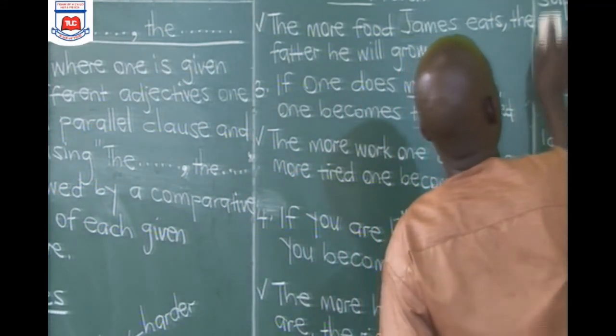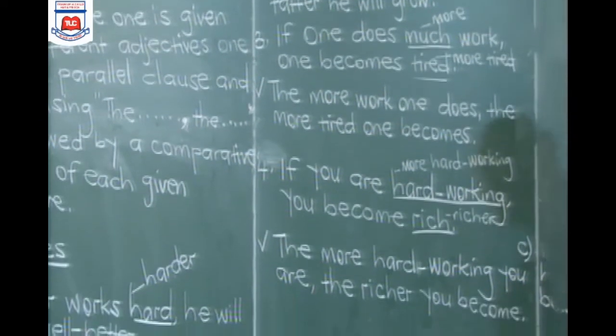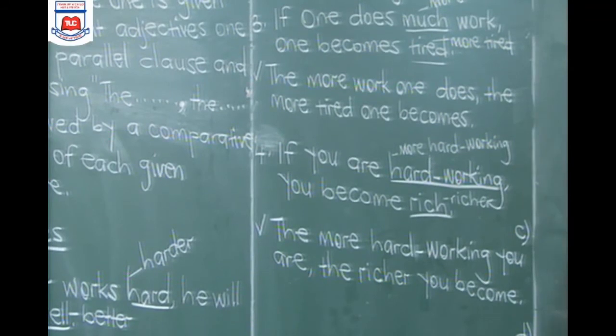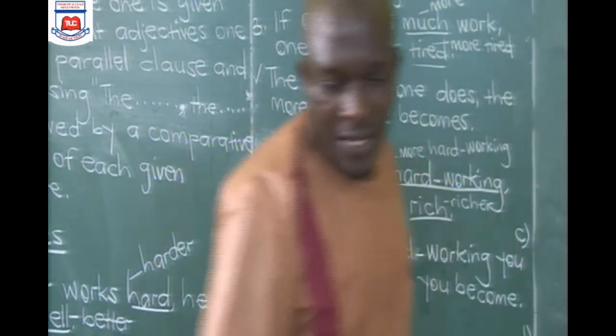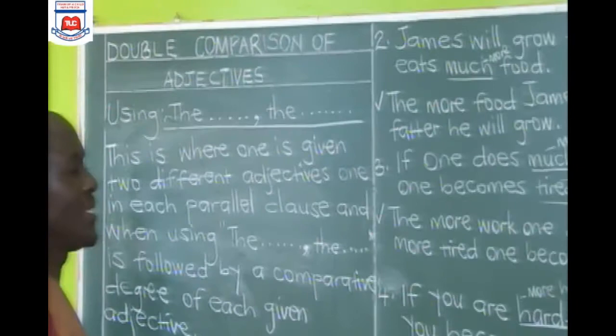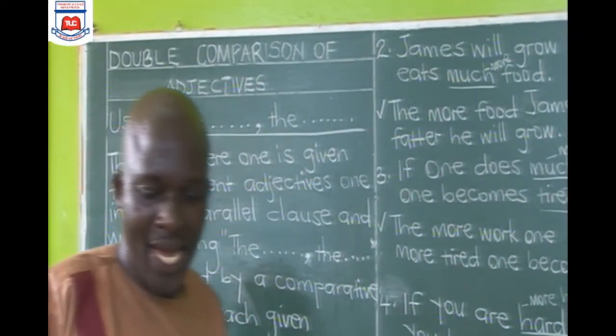Let's have another example so that we can master double comparison of adjectives very well. We can also call it double comparatives. What do we mean by double comparatives? This is where each sentence starts with the article the and it is immediately followed by the comparative degree of the given adjective.